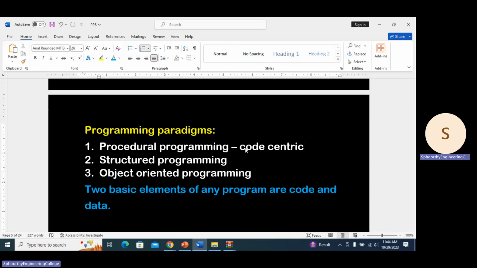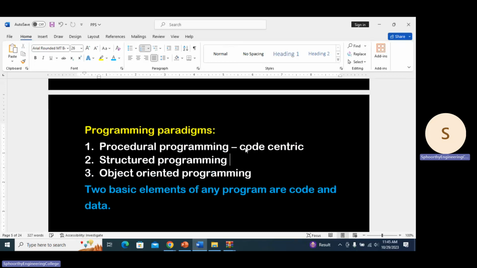If one sub problem's solution is helpful to solve some other sub problem, we will not write that code again and again. We will reuse the previous sub problem's code to solve any other similar sub problem. So code reusability, and there is a well defined structure to your program. That is the difference between structured programming and procedural programming, right?